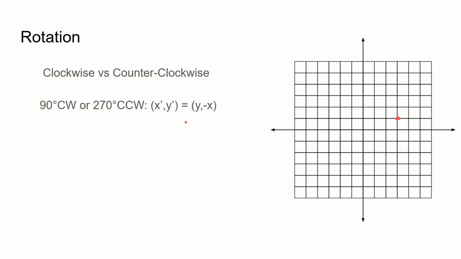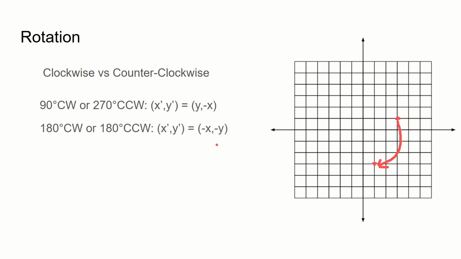If you look, it's going to flip x and y and make the new y value negative. So this is 3, 1. So first we'll flip them and we get 1, 3, and then we're going to make it 1, negative 3. So 1, negative 3. And we see we rotated it over here.